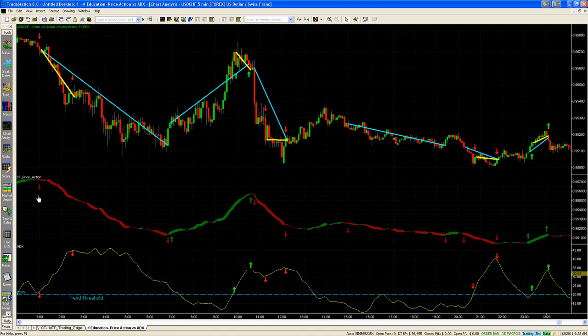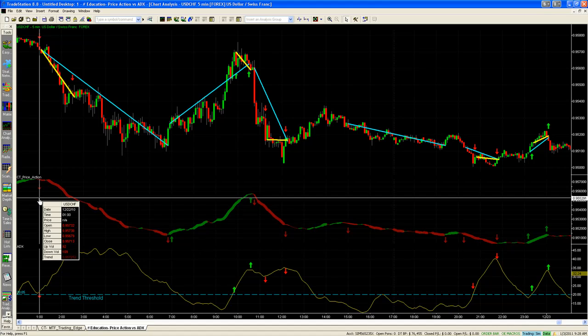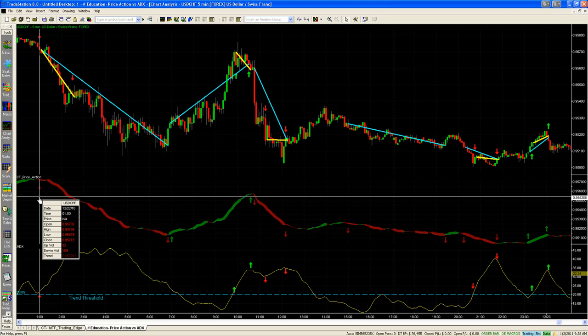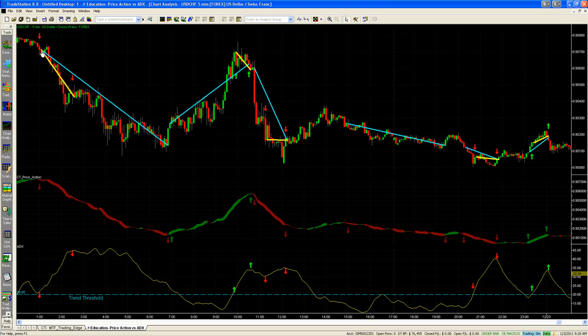But here with this indicator, it basically turns to the dark red, telling us it's in a downward trend, and it tells us about the same time as the ADX is rising. So we're just going to say we get in at the same time. Now we're using the cyan lines for this one, and it goes down, makes its trade, and then it stops.